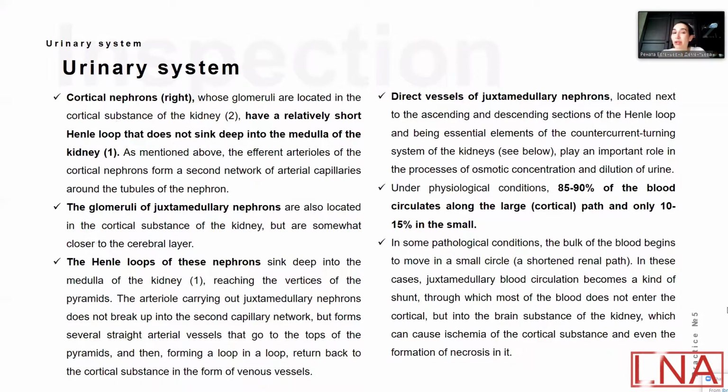In some pathological conditions, the bulk of the blood begins to move in a small cycle, a shorter renal path, and in this case juxtamedullary blood circulation becomes a kind of shunt, through which most of the blood does not enter the cortex of the kidney, which can cause ischemia of the cortical substance and even the formation of necrosis in it. But at the same time, continuous normal circulation in the medulla helps to save the juxtamedullary nephrons.